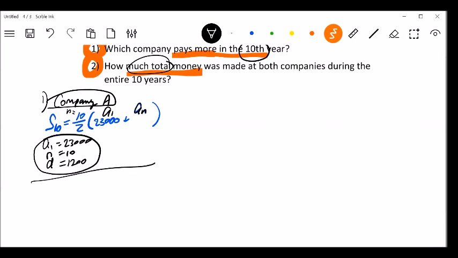So we have to find an, and we have to find it the same way we did before, using an equals a1 plus (n minus 1) d. So the amount of the 38th term is the amount of the first term, 23,000, plus n, or 38, minus 1, times the common difference, which is 10.